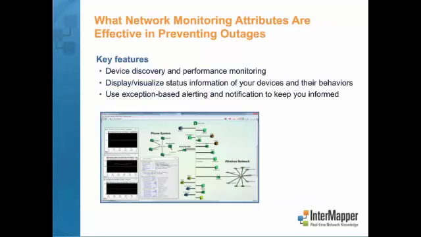So in terms of network monitoring attributes that I think are really effective in preventing outages, first and foremost, device discovery. And device discovery is going out there and finding out what you have running on your infrastructure. There's a lot of times where we're watching our network, we're monitoring our network, we're responsible for our network, and then there are things that are constantly being added.